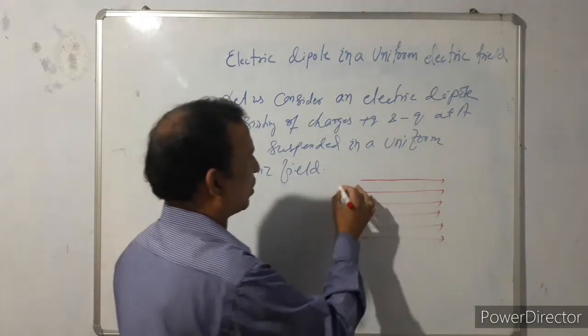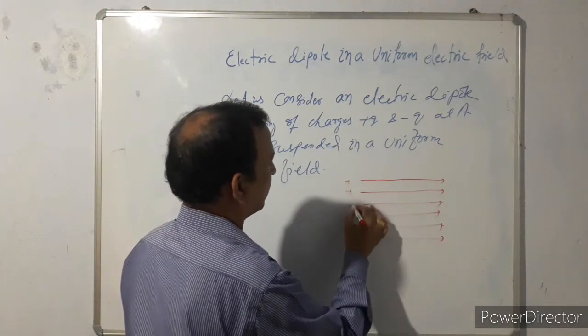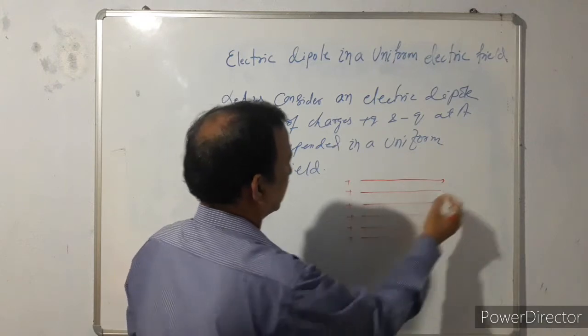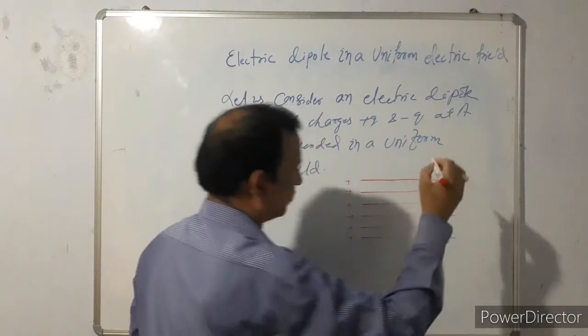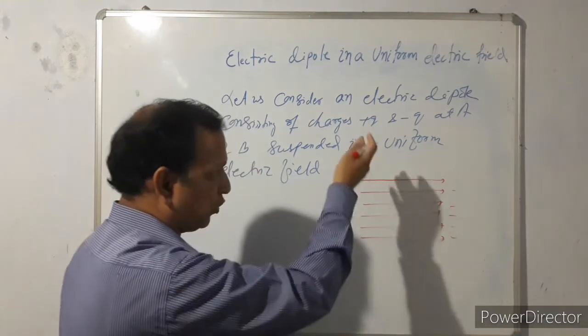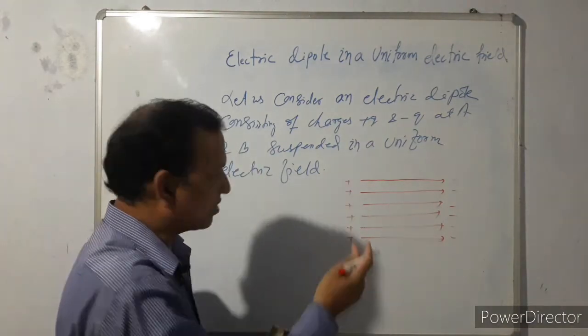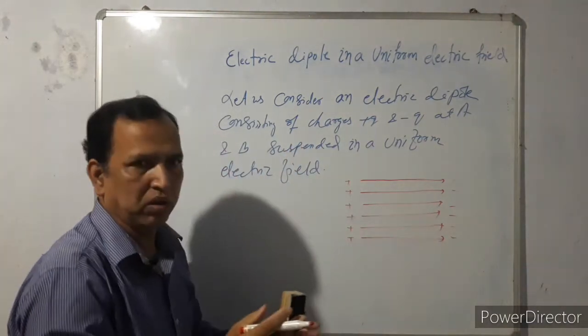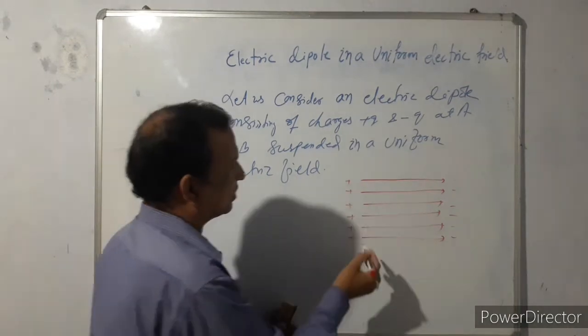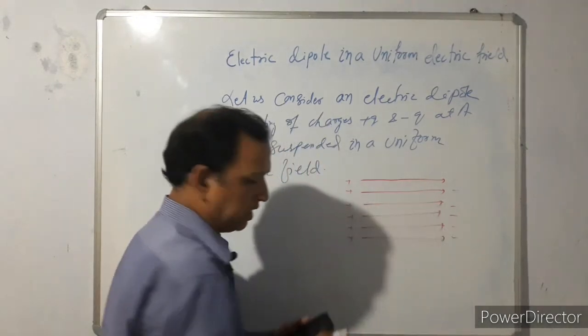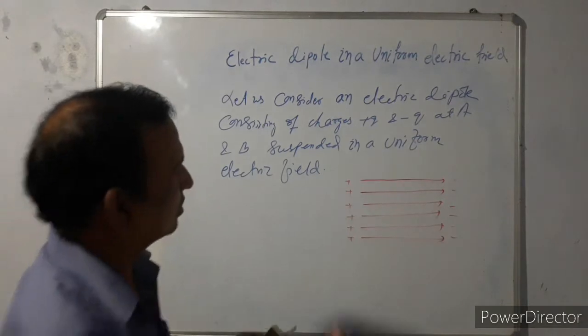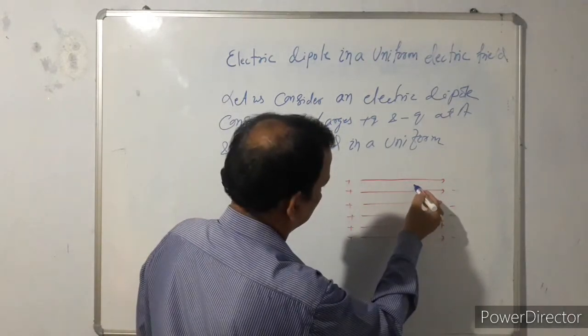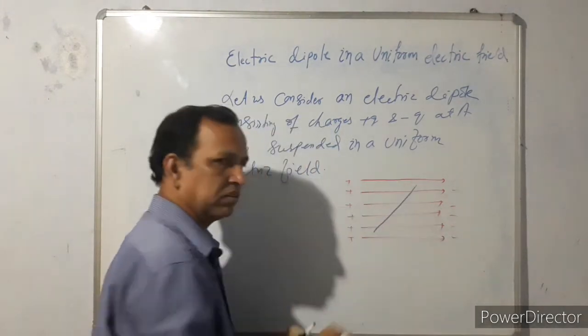Means this is positive, this is negative. This is the uniform electric field, with equidistant lines of force. A dipole is suspended. It means the dipole is placed in this field.